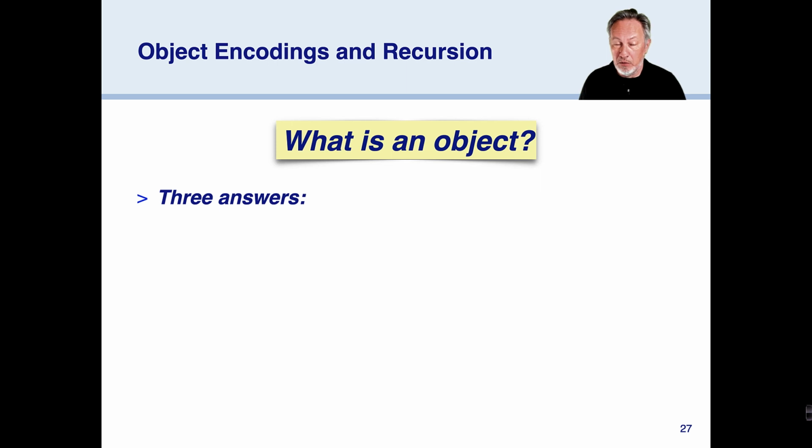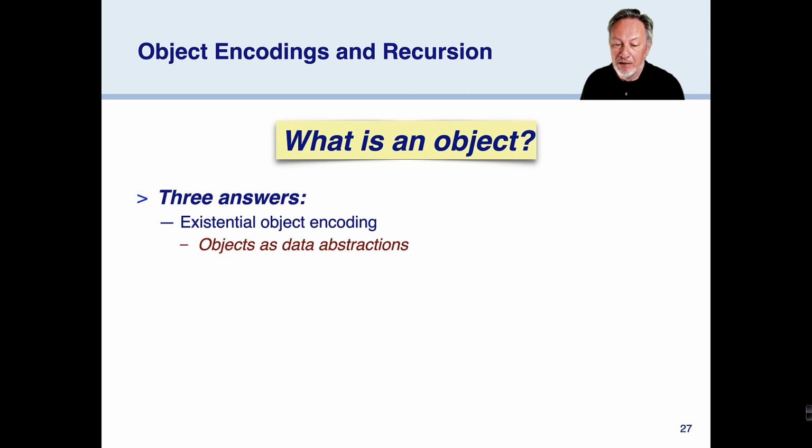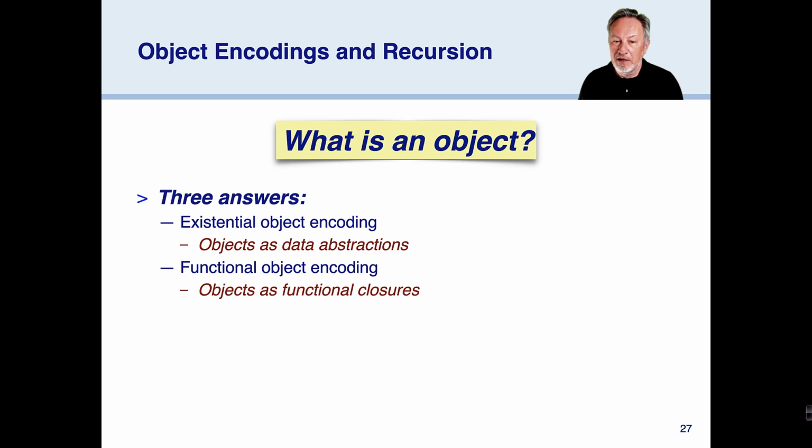Now, there are three possible ways of thinking of objects, or at least three. One is as an existential object encoding. So object is a kind of data abstraction. Second, a functional object encoding. As we'll see, this allows us to think of objects as functional closures, somewhat like we saw in JavaScript.